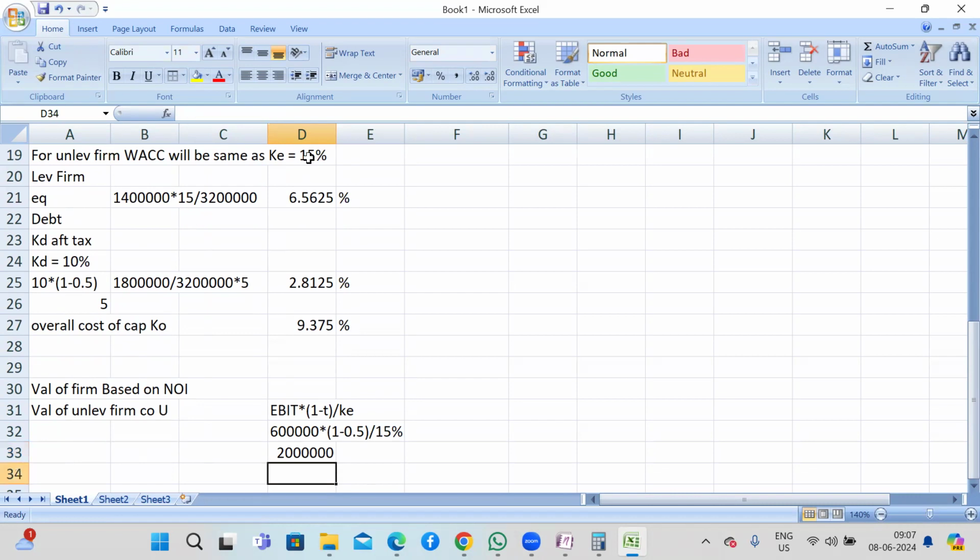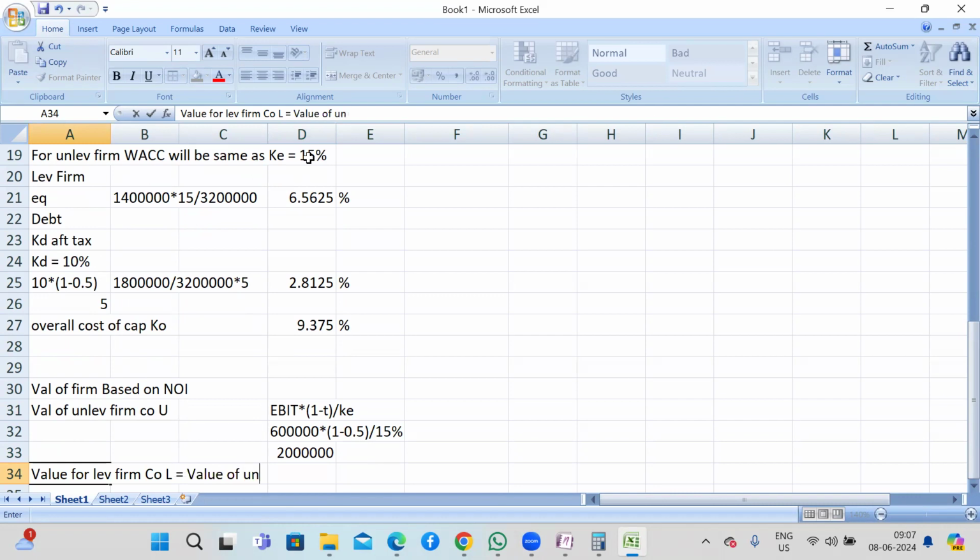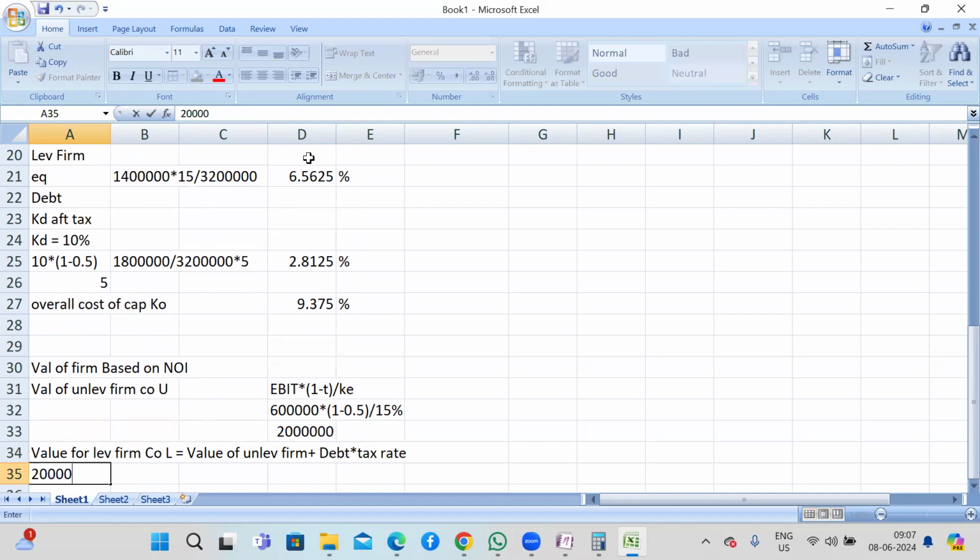So now for value for levered firm, which is company L. So value of unlevered firm plus debt into tax rate. So that is 20 lakhs.